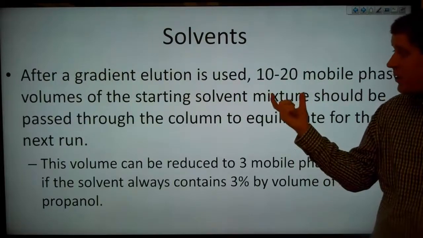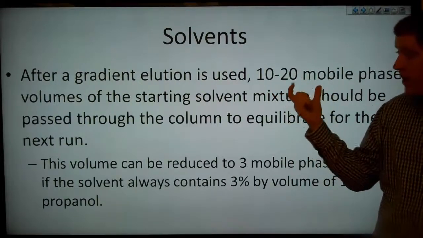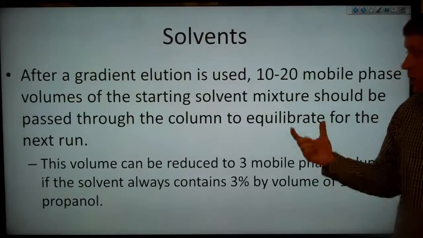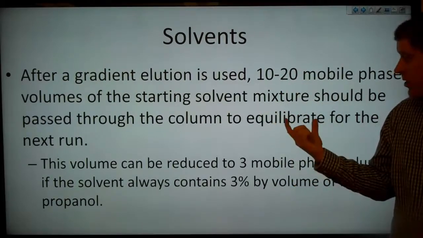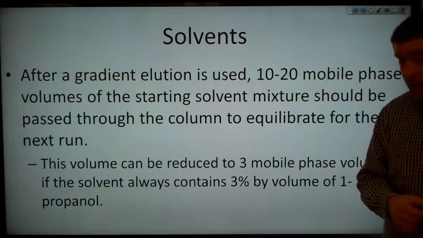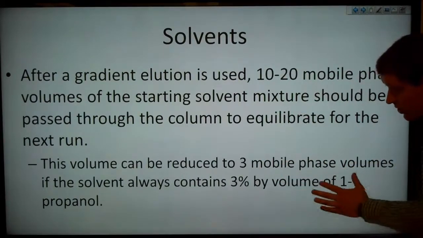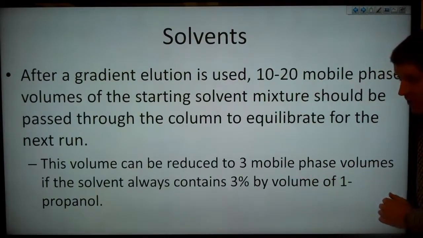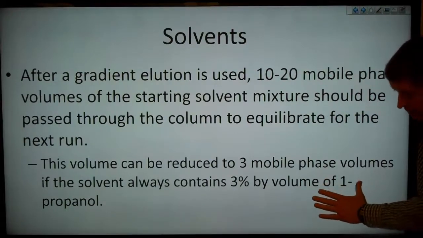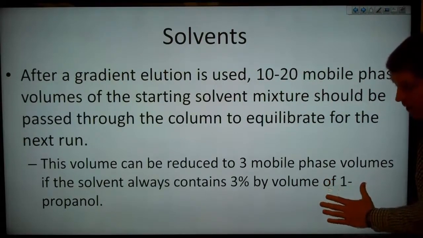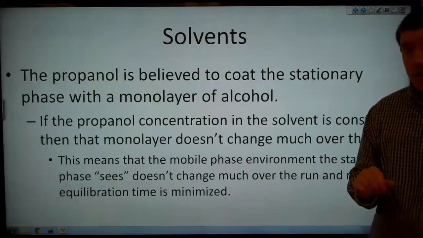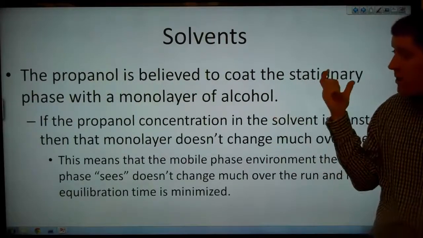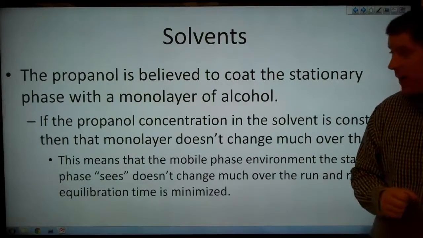After a gradient elution is used, 10 to 20 mobile phase volumes of the starting solvent mixture should be passed through the column to equilibrate for the next run. And this volume can be reduced to around 3 mobile phase volumes if the solvent always contains 3% by volume of 1-propanol. Now, that propanol is believed to coat the stationary phase with a monolayer of alcohol.